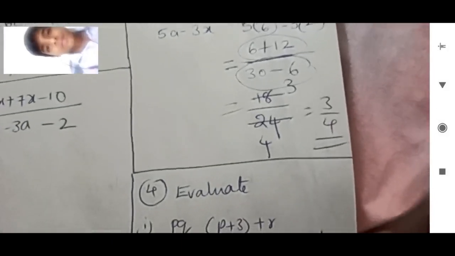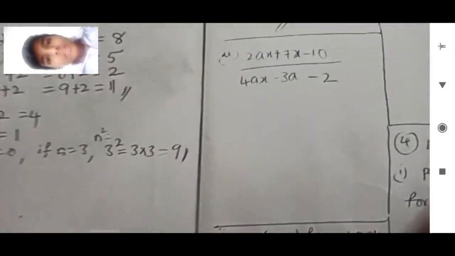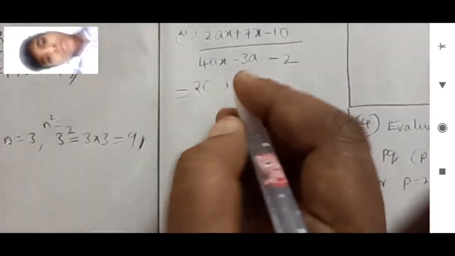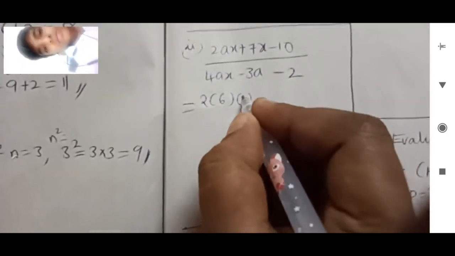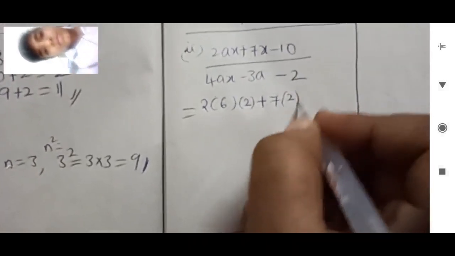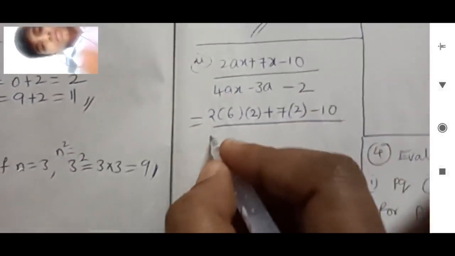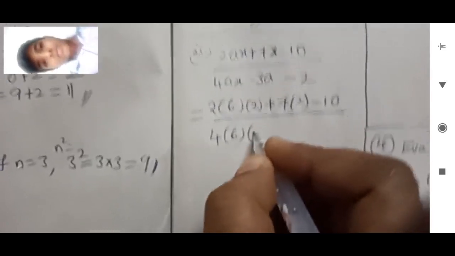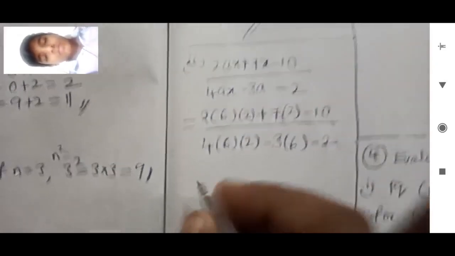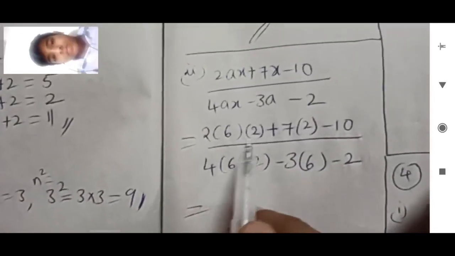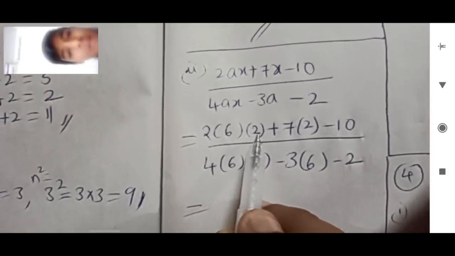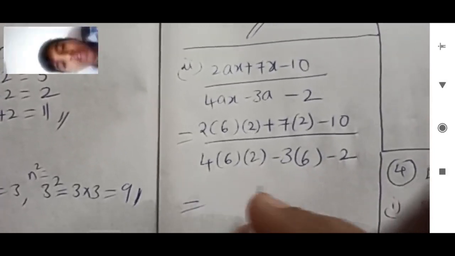3 by 4. So next, the second problem under that. Here also same. In the place of A we have to keep 6 and in the place of X we have to keep 2. Plus 7 into X means 2, minus 10 divided by 4 into A value 6, X value 2, minus 3 into A value 6 minus 2. Just multiply these 3. 2 6s are 12, 12 2s are 24.